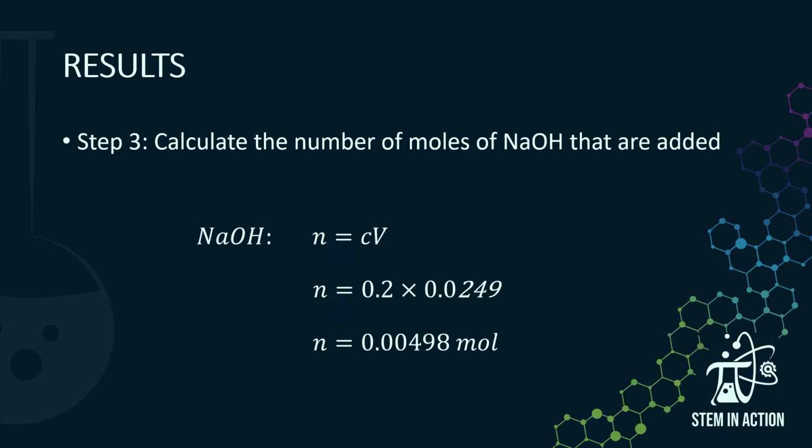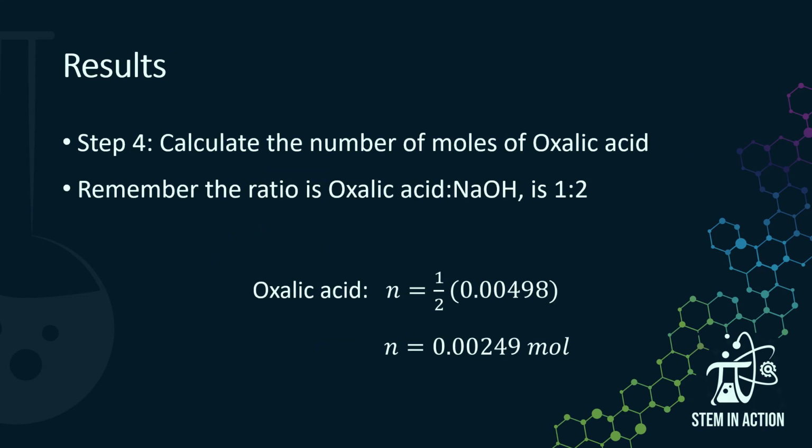Then we move on to step 3, and we calculate the number of moles of sodium hydroxide that are needed. We use the equation n equals c times v, and n equals 0.2 times 0.0249, and that gives me 0.00498 moles. Then we move on to step 4.